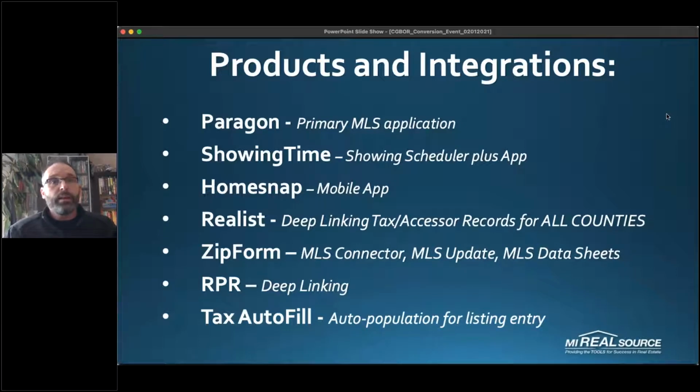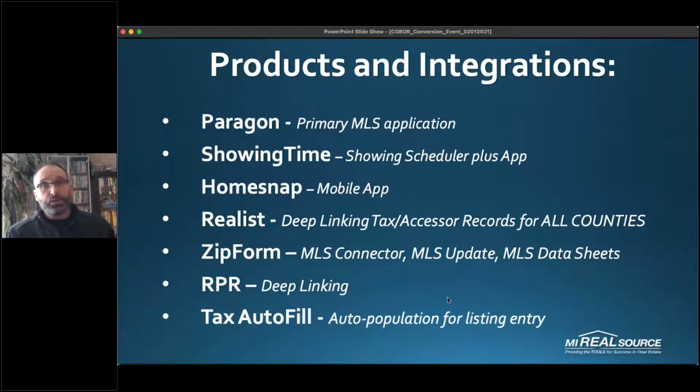Zip form, while we don't offer zip form directly, we do offer the MLS connector, MLS update, and our MLS data sheets are in there. So you're able to auto populate with the MLS connector and the MLS update from the MLS.